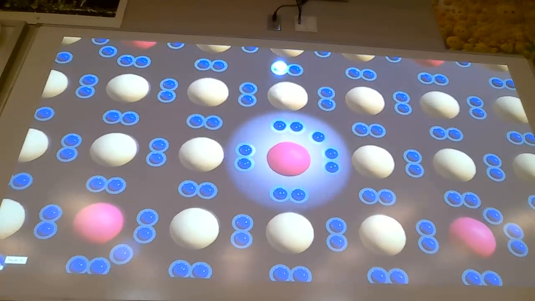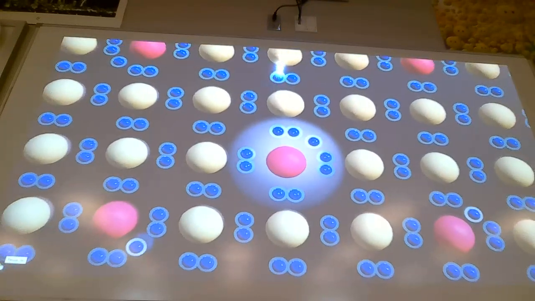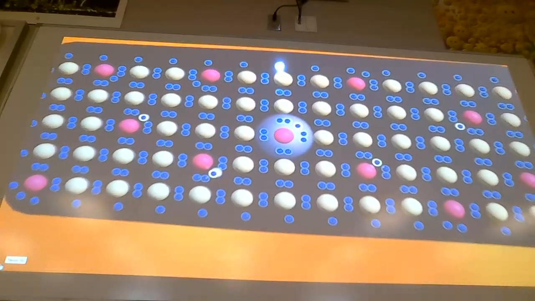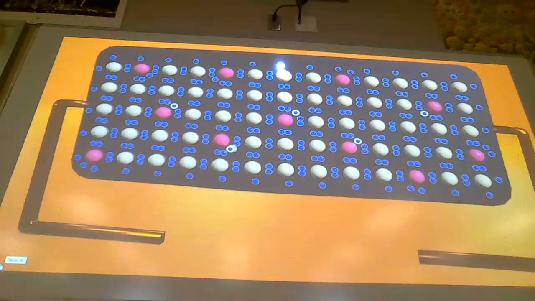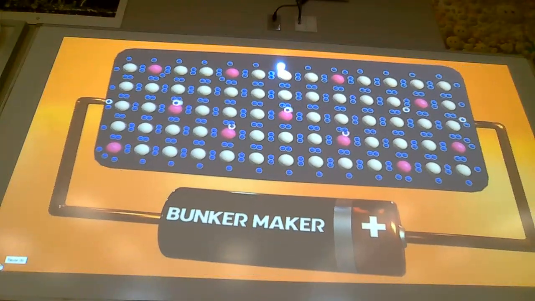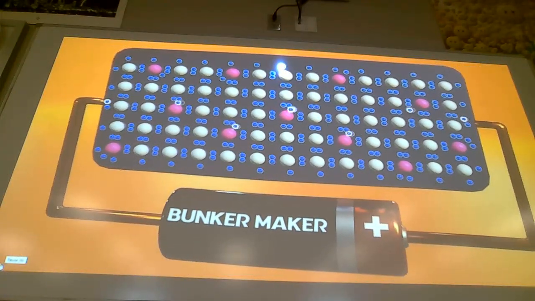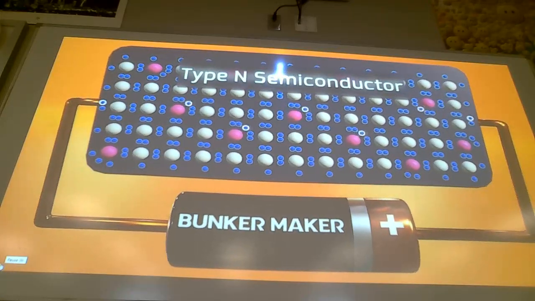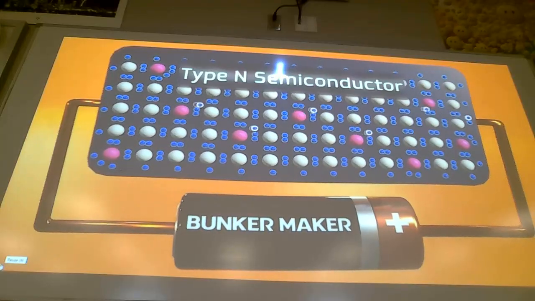And since 8 was our magic number, one of the electrons will be left over, or be freer than the others, which will allow it, when connected to a power source, to move and act as a conductor. This alloy is known as an N-type semiconductor because it has excess electrons, which, let's remember, have a negative charge.